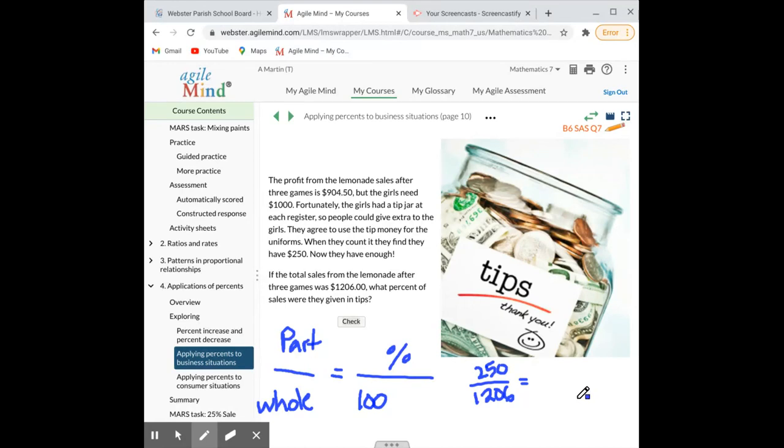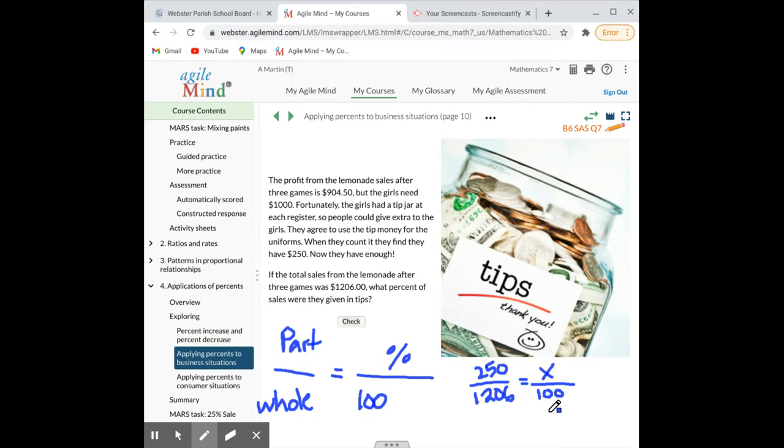So if we don't know the percent, we need to use a variable. So what is a variable? Something that holds the place of a number, which would be an x.